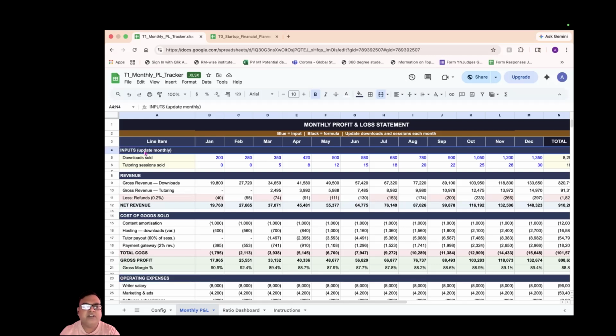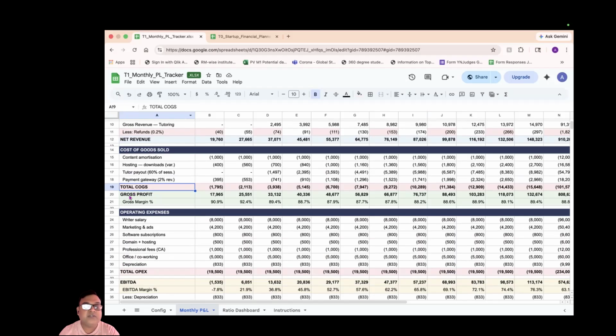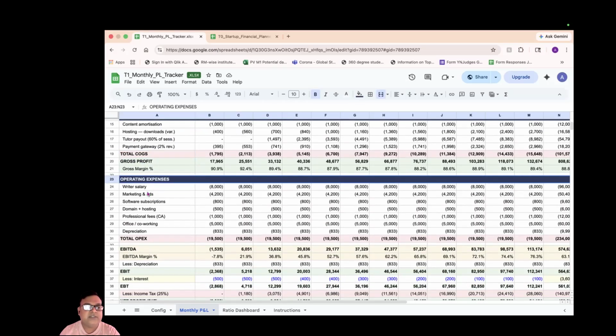You may recall your inputs. So the top line, which will calculate your revenue, then you have the COGS, cost of goods sold. You subtract from that, you get the total COGS, gross profit. When you subtract the total COGS from the revenue, then you have the OPEX, the operating expenses.